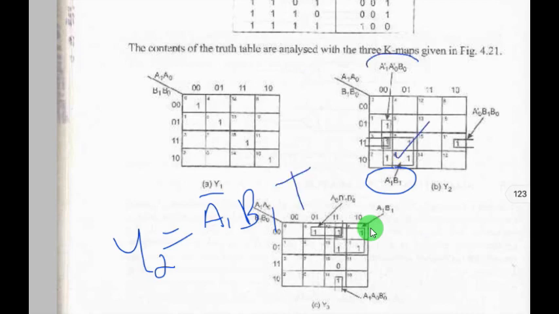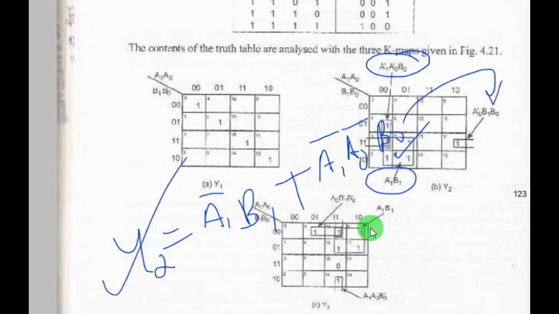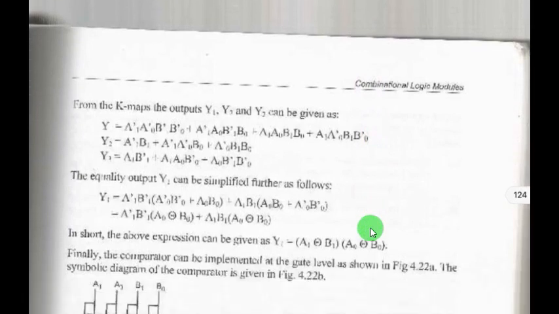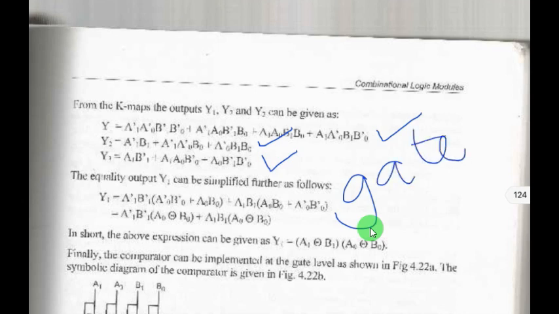This other group of A1 bar, A0 bar, and B0, plus this other group. That becomes our Y2. I believe it is listed down there. So of course you can see that Y2 is equal to that, Y3 is equal to that, and Y1 is equal to that. That is what will now allow us to do gate-level implementation of what? Two-bit comparator.